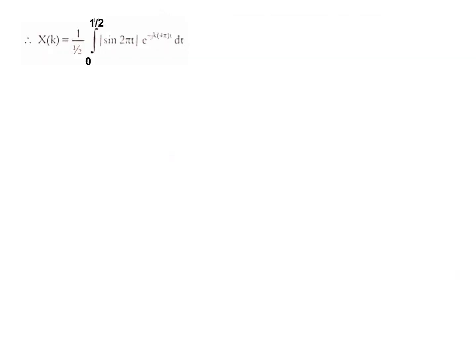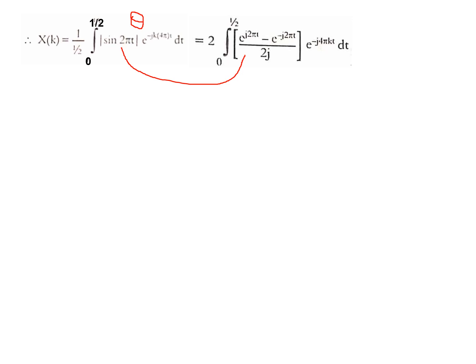Once again, using Euler's formula, I am writing sine 2 pi t as e power of j 2 pi t minus e power of minus j 2 pi t, divided by 2j. If you consider theta in the place of 2 pi t, sine theta is equal to e power of j theta minus e power of minus j theta divided by 2j.